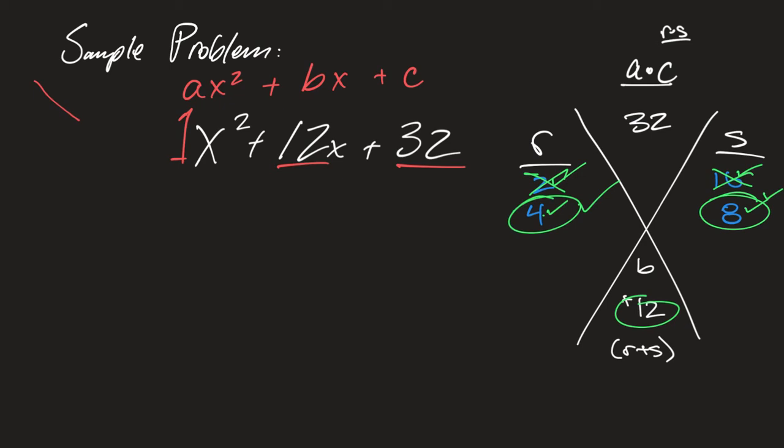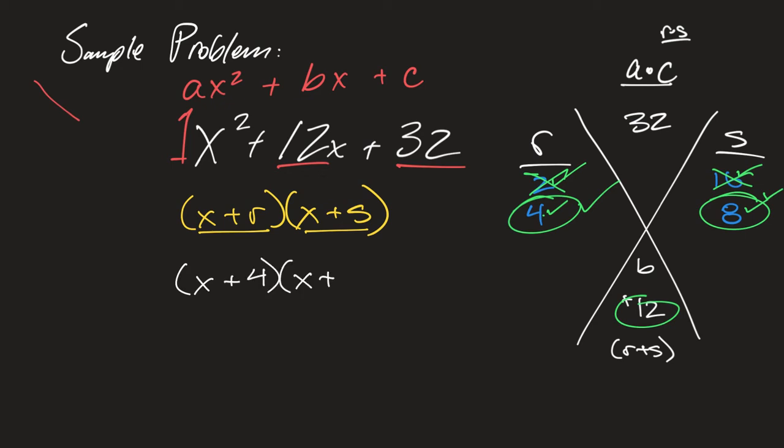So when I factor this out, remember, this is supposed to look like 2 binomials where I have x plus some factor times x plus another factor. In this case, my factors are 4 and 8. And if we're not sure, we want to double check to make sure this works.